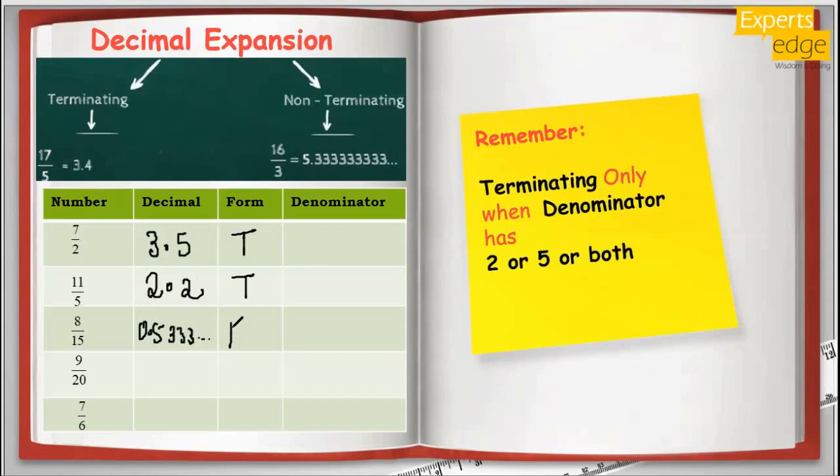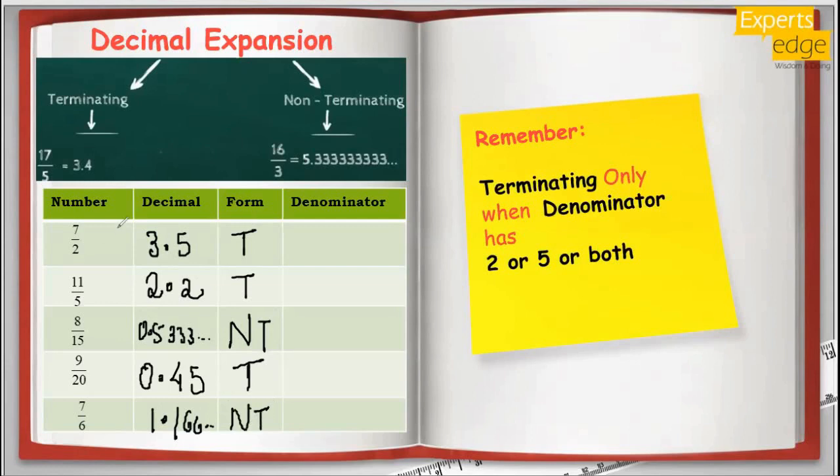That means this number is a non-terminating one. Similarly, 9 by 20, its value comes out to be 0.5. The process stops here. That means this number is a terminating one. 7 by 6 is 1.166 dot dot dot. That means this number is a non-terminating one.